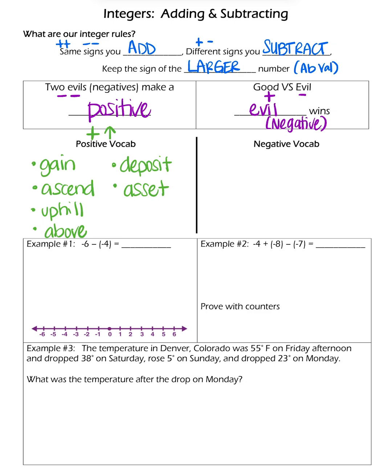And then on the right side, let's talk about some negative vocabulary, vocabulary that is going to go down. So we might say lose. We might say descend. That sounds like ascend, but the beginning is that D, descend.